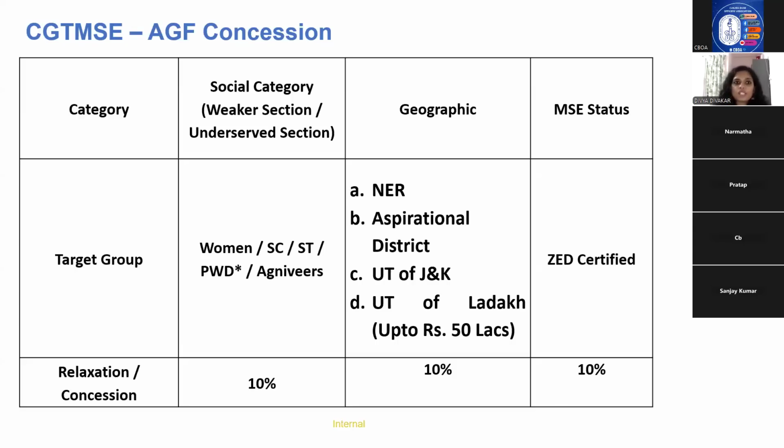For social category, we'll think of weaker sections or underserved sections: women, SC/STs, PWDs and Agniveers, they all will be given 10%. Then the geographical: Northeast region, aspirational districts, Union Territory of J&K, Union Territory of Ladakh, and for them up to 50 lakhs, 10%. Then MSE status wise, if they're certified, again 10%.